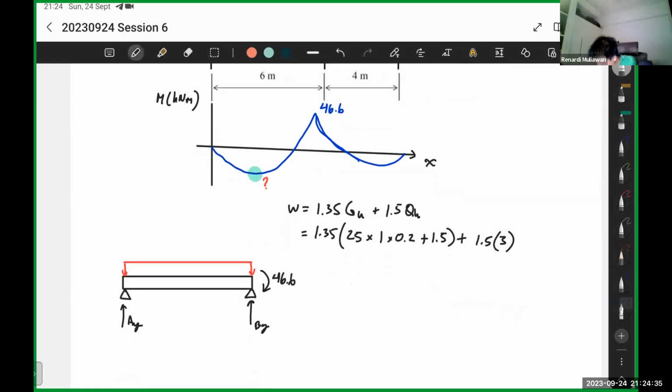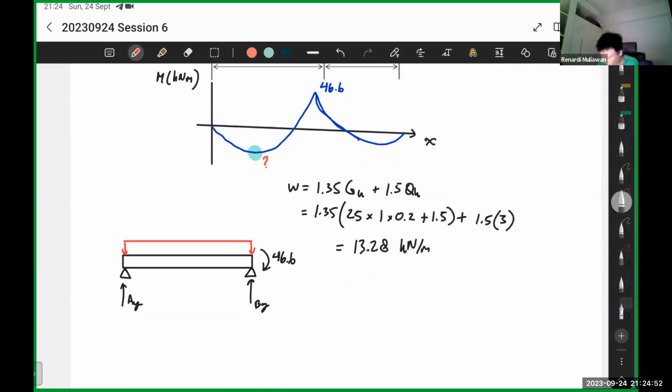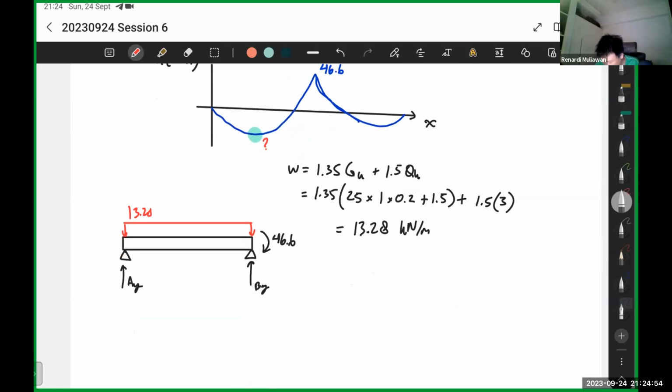Okay, something like this. So in the end, you get W is what? 1.35 times 25 times 1 times 0.2 plus 1.5 times 3. You get 13.28 kilonewtons per meter. So that's your loading. So this one is 13.28 kilonewtons per meter squared.